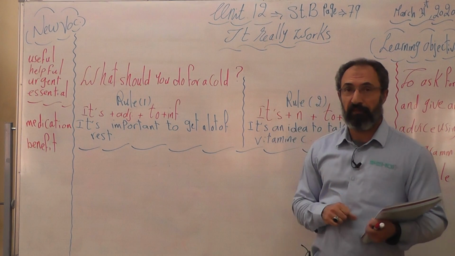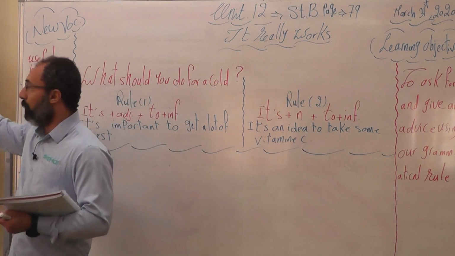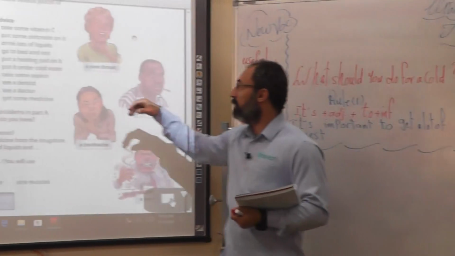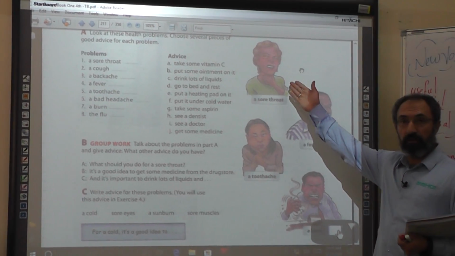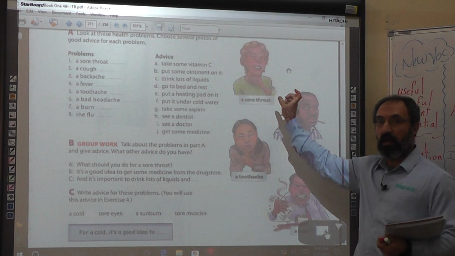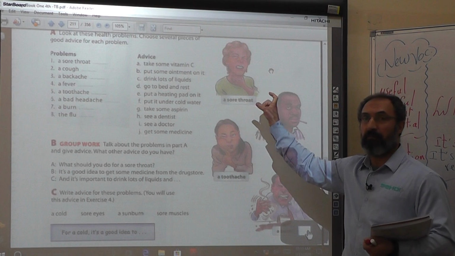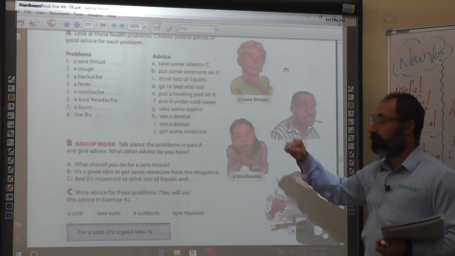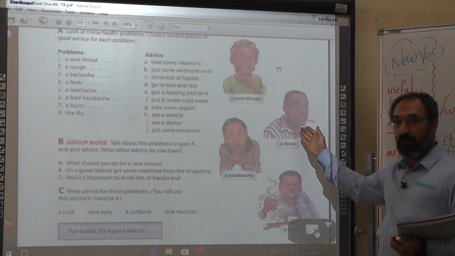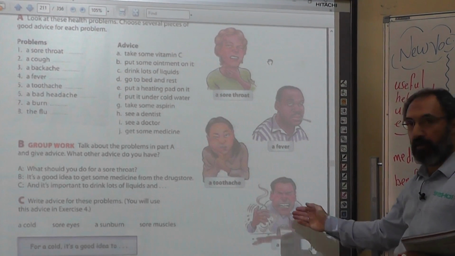Of these health problems, some of them which are shown on the smart board, we have a sore throat. Look at the picture and the health problem title which is written below. So we have a sore throat, a fever, a toothache, a burn.